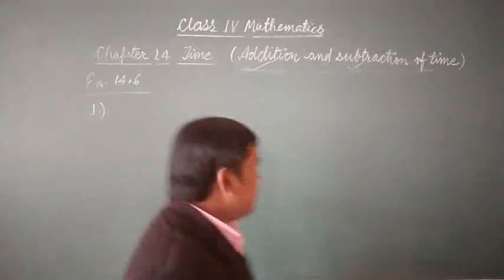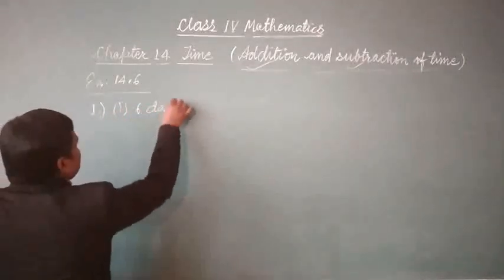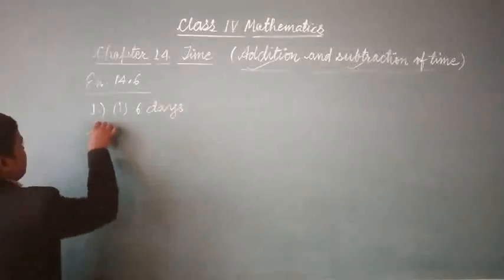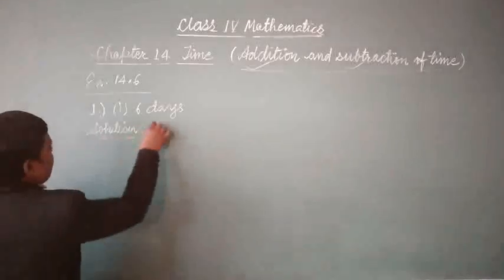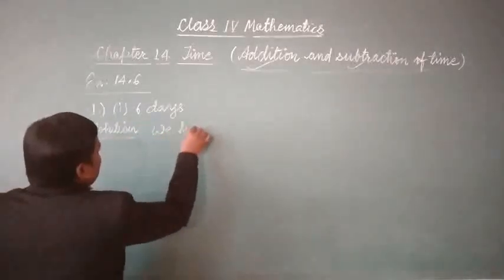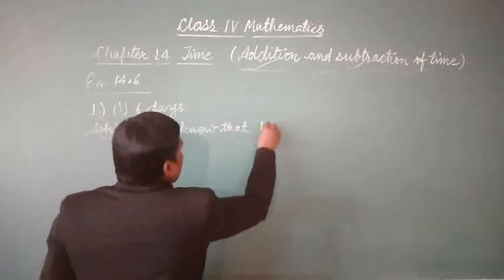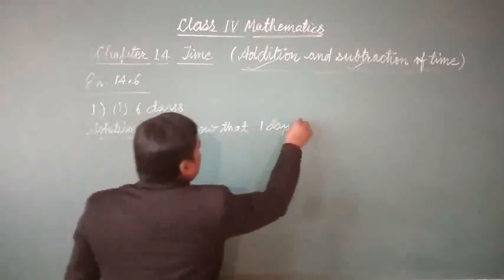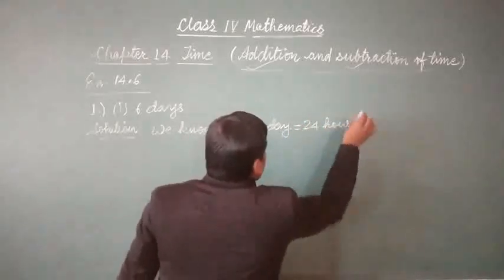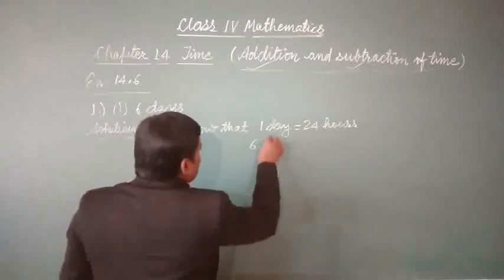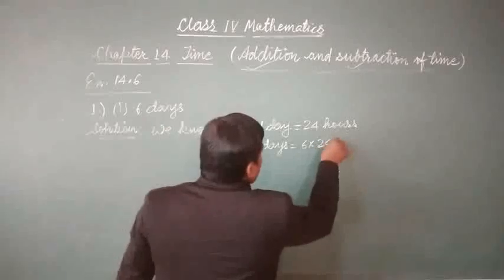The first one given was 6 days. We write here solution. We know that 1 day is equal to 24 hours. So 6 days is equal to 6 into 24 hours.